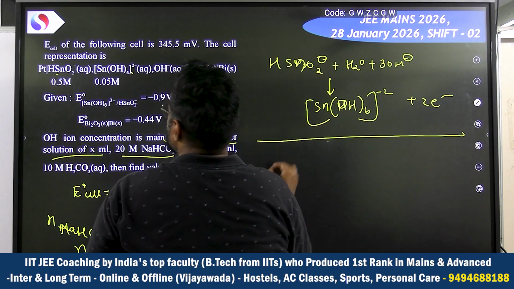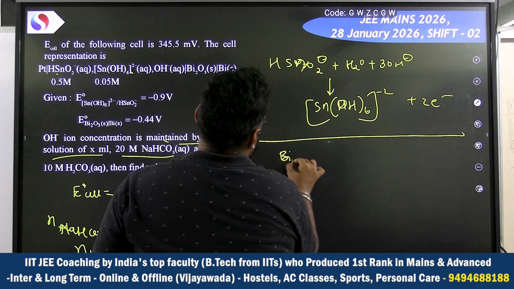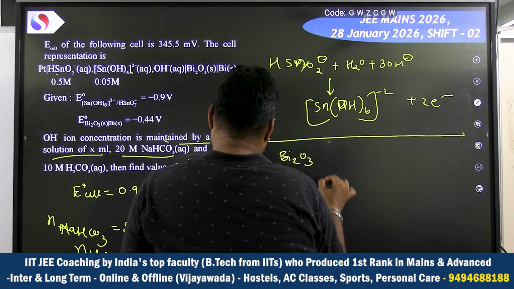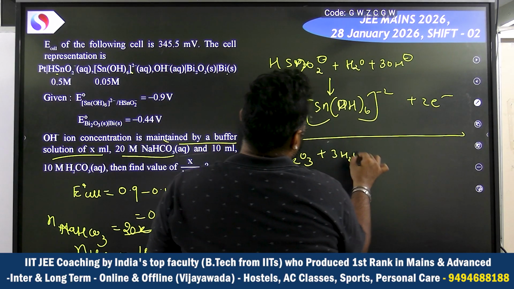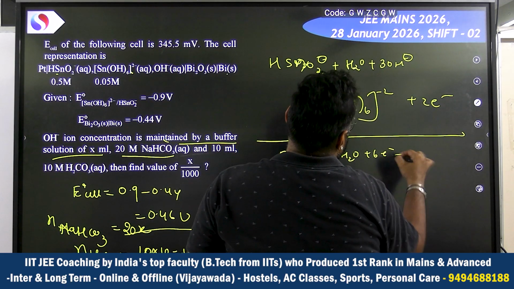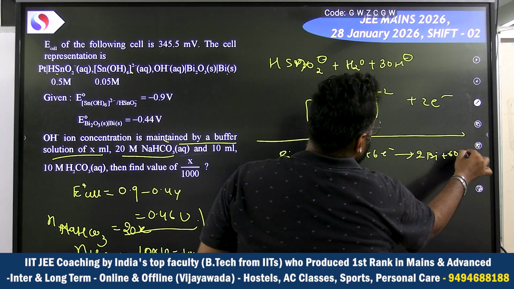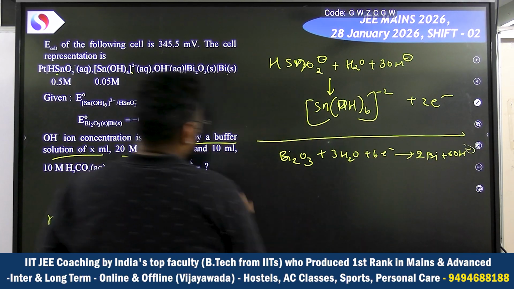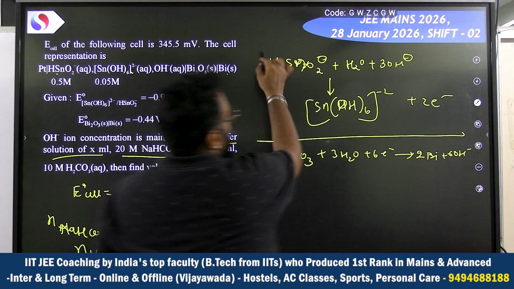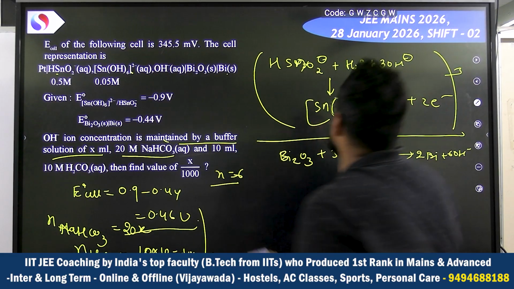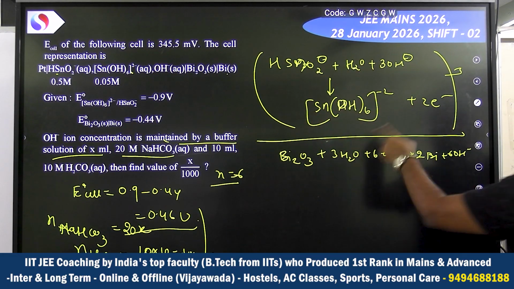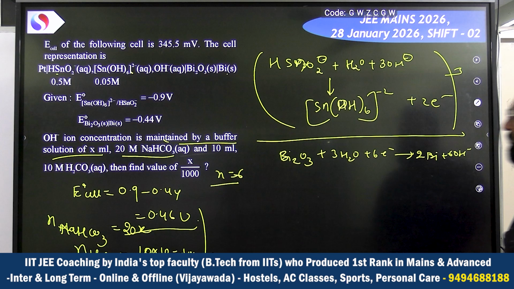And in the second equation, Bi2O3 plus 3H2O plus 6 electrons gives 2Bi plus 6OH minus. So n factor becomes 6. This equation multiplied by 3. N factor becomes 6 based on this reaction.